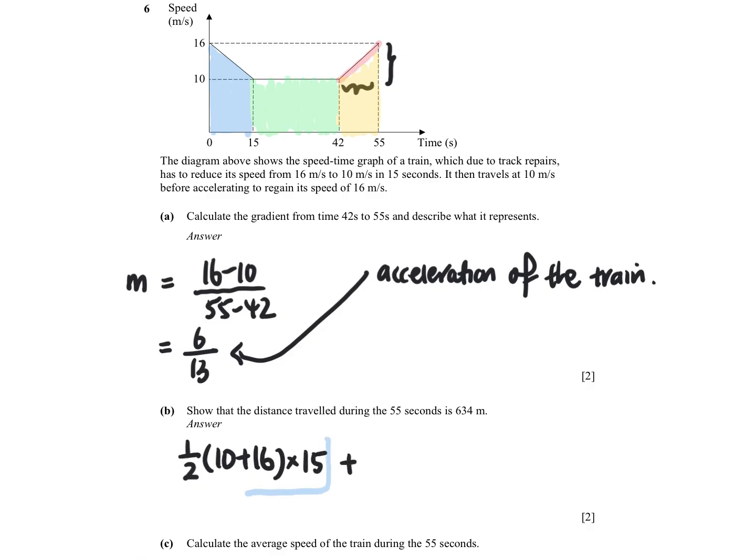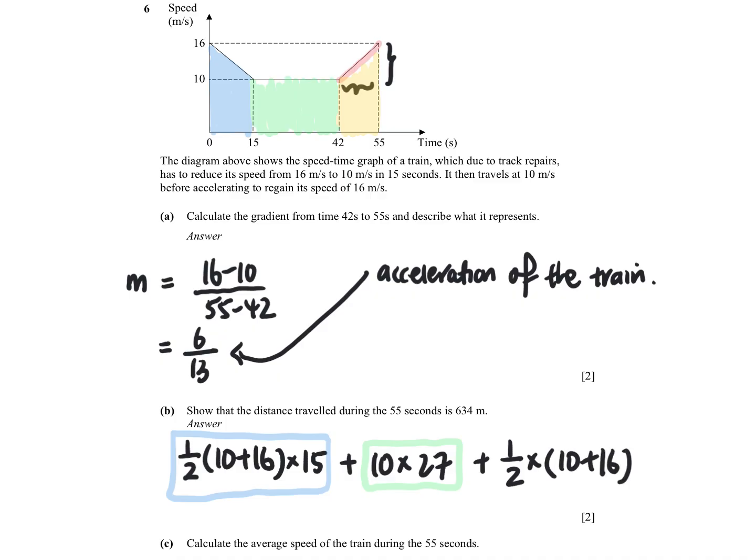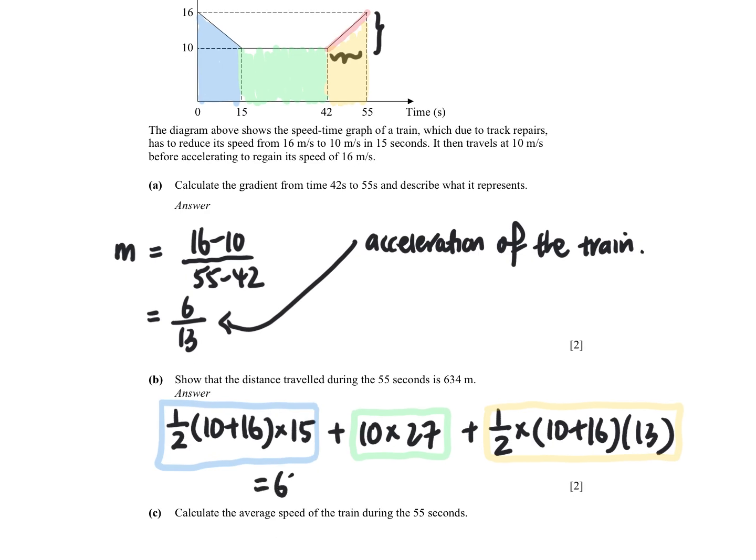Next one, the green one is the rectangle, simplest. So it's just 42 minus 15, which is 27. Then the last one is another trapezium. So sum of parallel lines times 13, I think. So you add the 3 chunks and then show me that it gives you 634. Shown.